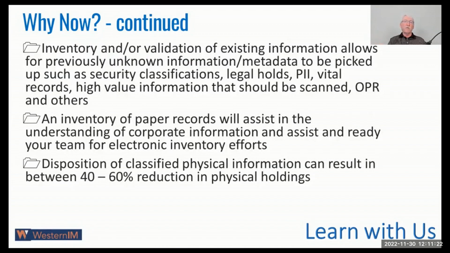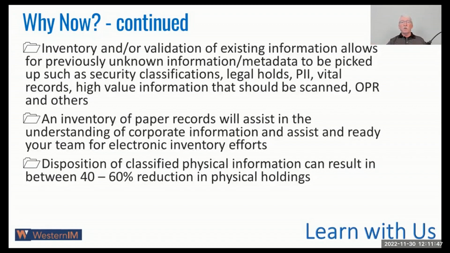Did we look for high value information, Office of Primary Responsibility, that kind of thing? Maybe not. So maybe it's time to go back and pick up some of that information on the inventory that we already think we know about, validate what's in the boxes, and pick up any useful information along the way that is required.